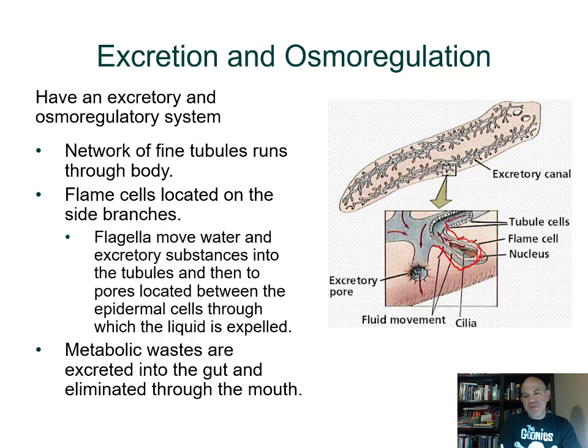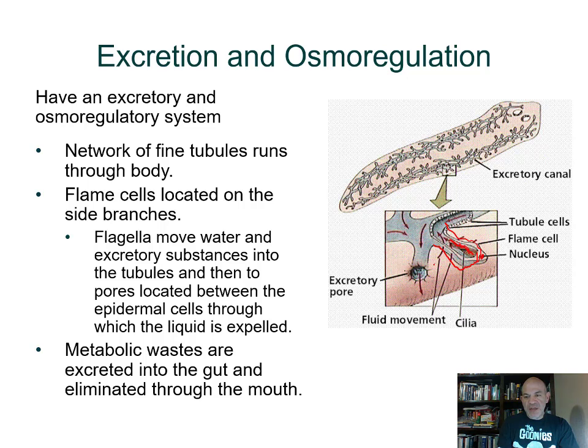And the flame cells themselves have a nucleus, and then they have these cilia, flagella-like structures. And so what happens is you have this highly branched network of structures just like this. And so what those do is pick up waste products produced by the tissues. It might be ammonia or other waste products, and pick those up.